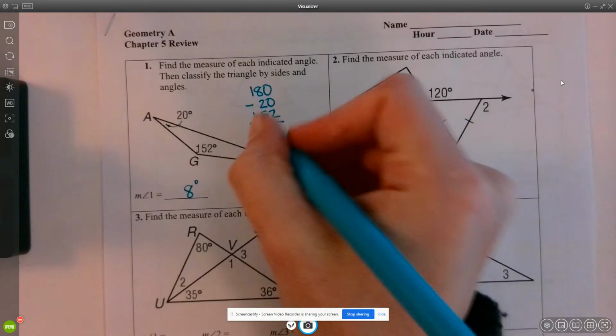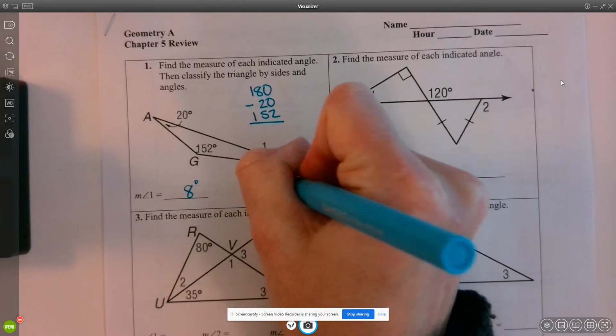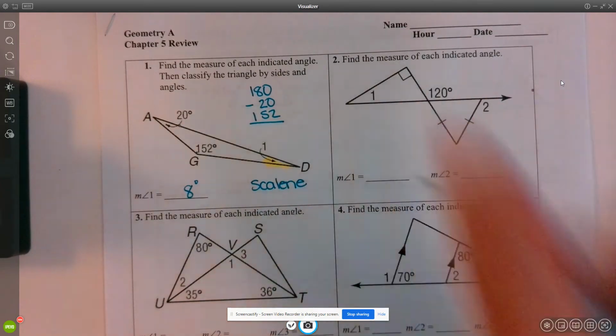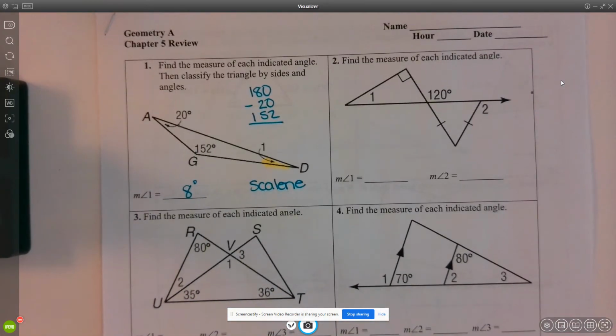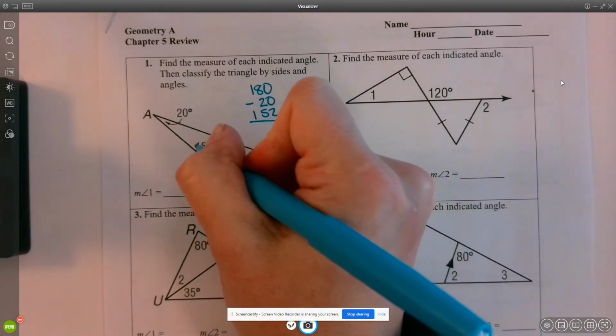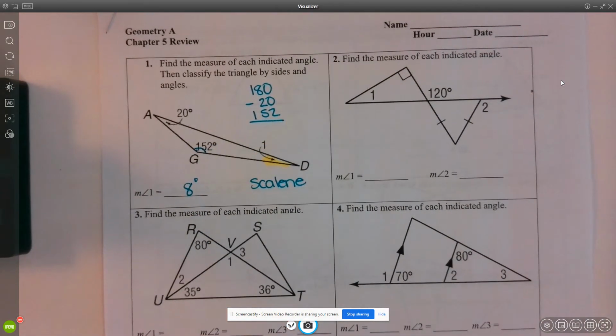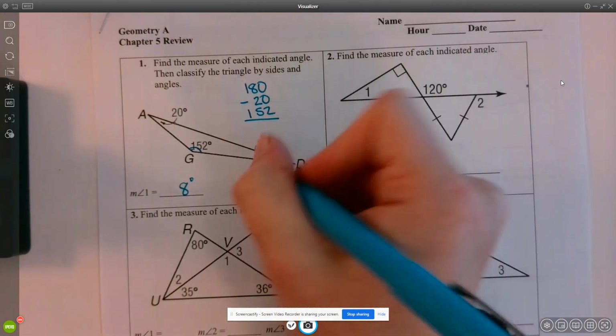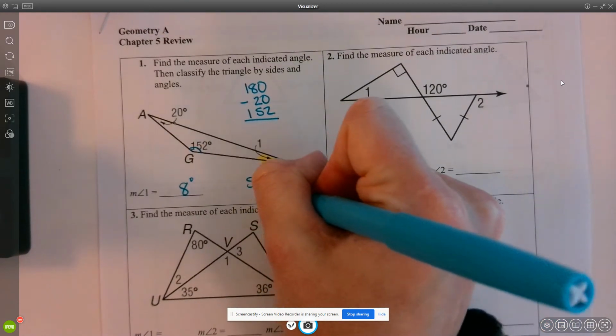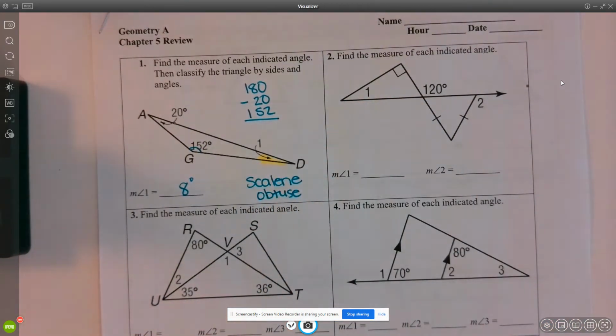So I know this is a scalene triangle. And now if I look at the angles, I notice there is one obtuse angle. And we said when a triangle has one obtuse angle, that is an obtuse triangle. So this triangle in number 1 is a scalene obtuse triangle.